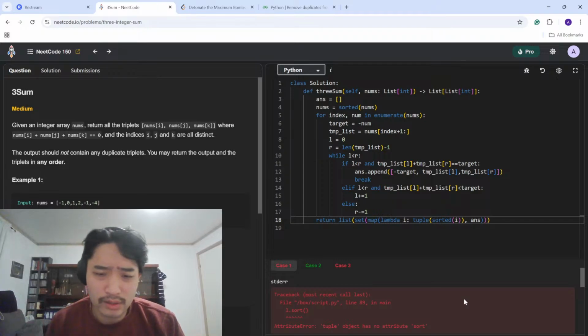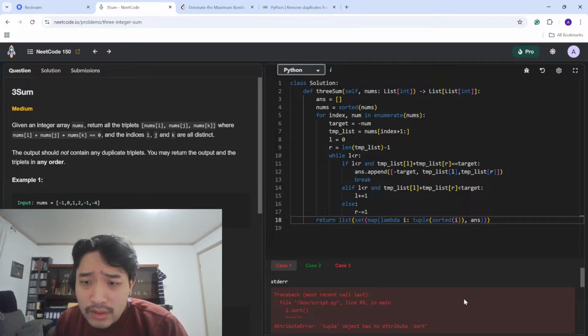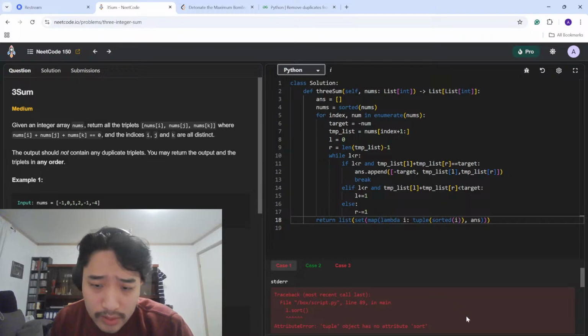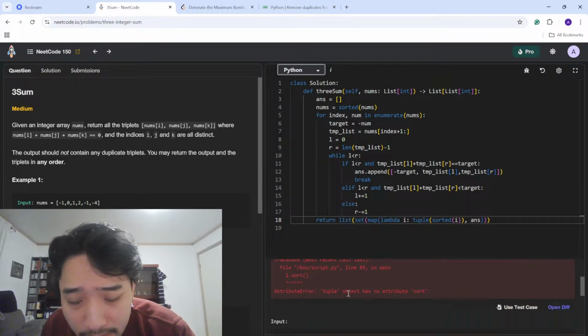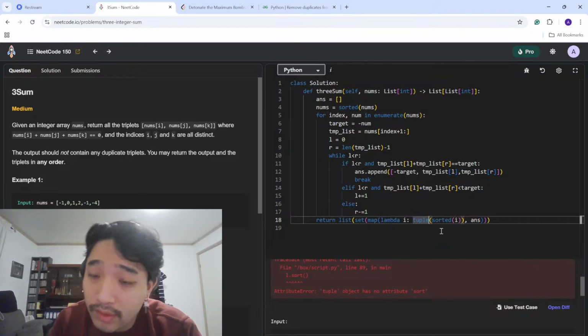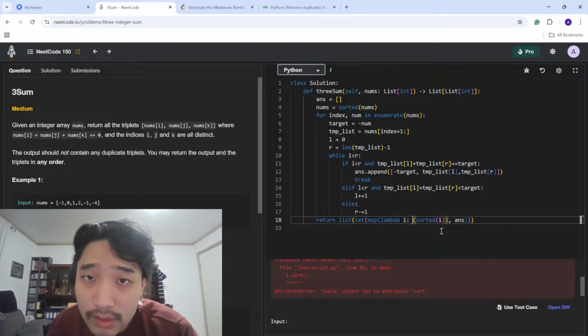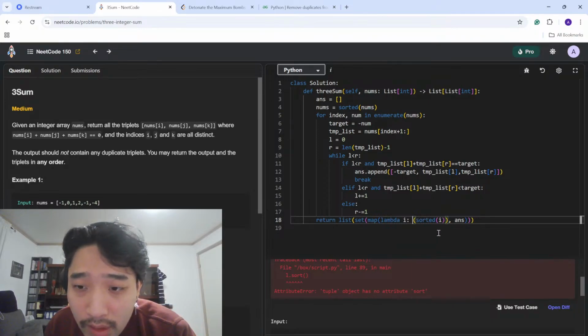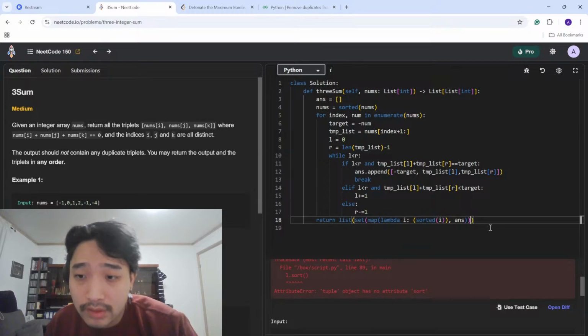Where do I use L sort? Okay, if I don't do this. Okay, if I don't sort it.